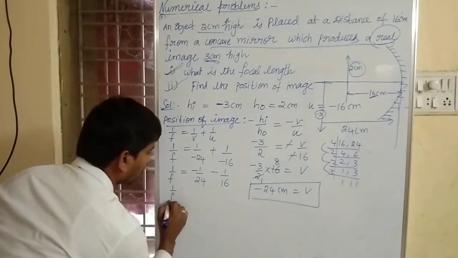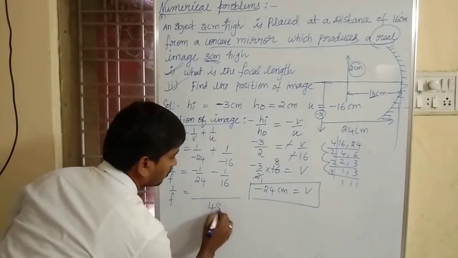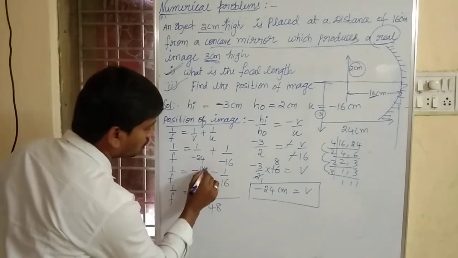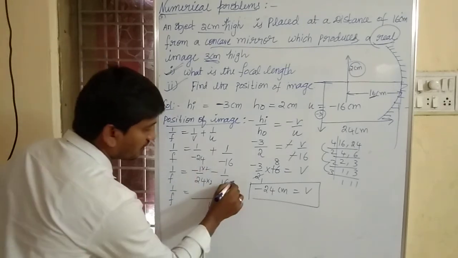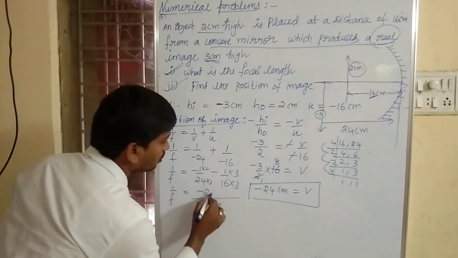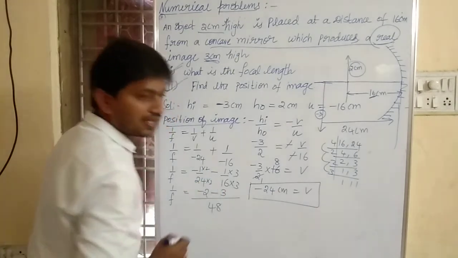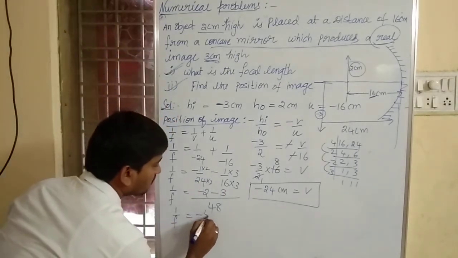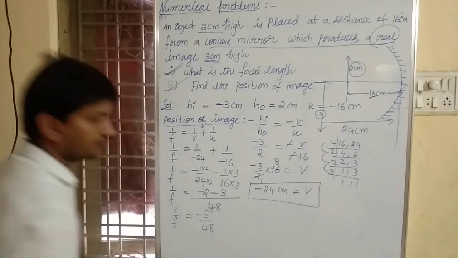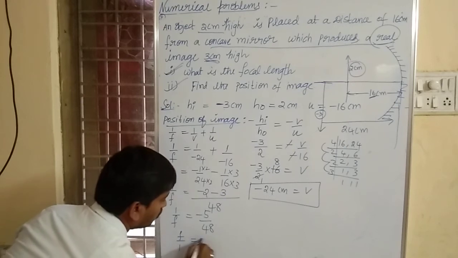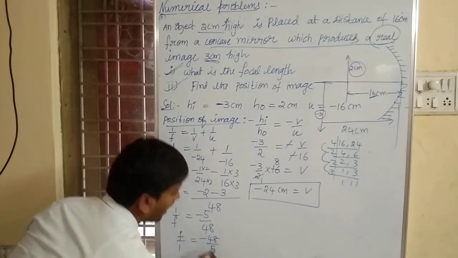So the LCM is 48. 24 twos are 48, so multiply by 2; 16 threes are 48, so multiply by 3. Minus 1 into 2 is minus 2, minus 1 into 3 is minus 3. So minus 2 minus 3 equals minus 5 by 48. Therefore 1 by f equal to minus 5 by 48, so f equal to minus 48 divided by 5.